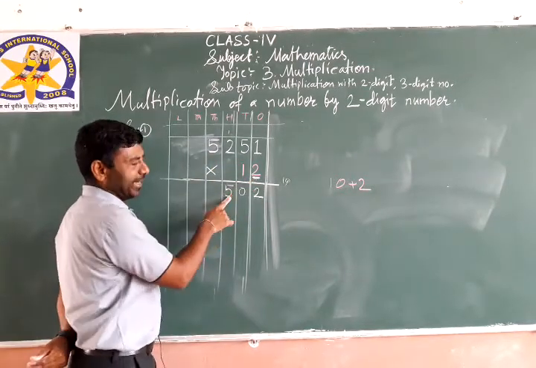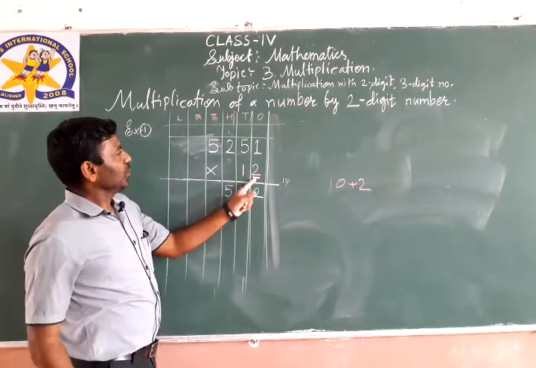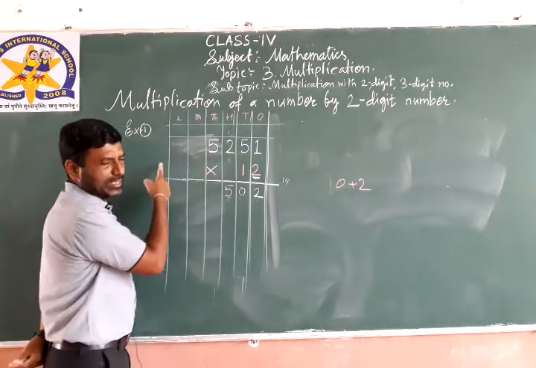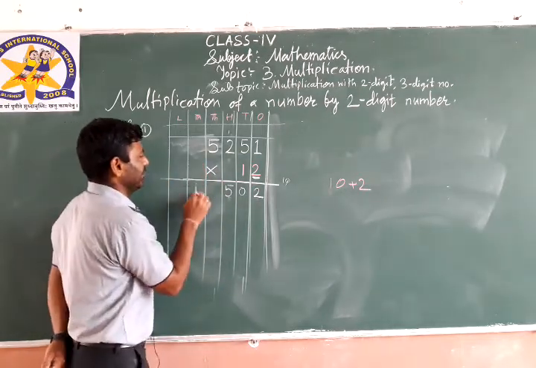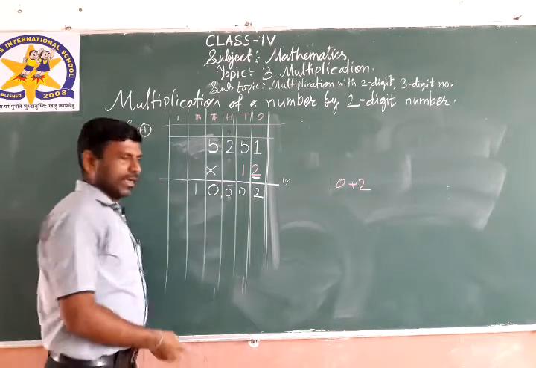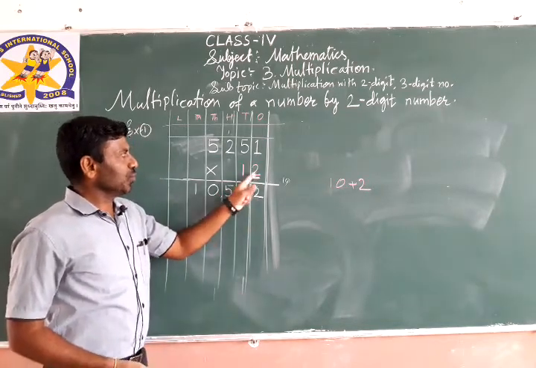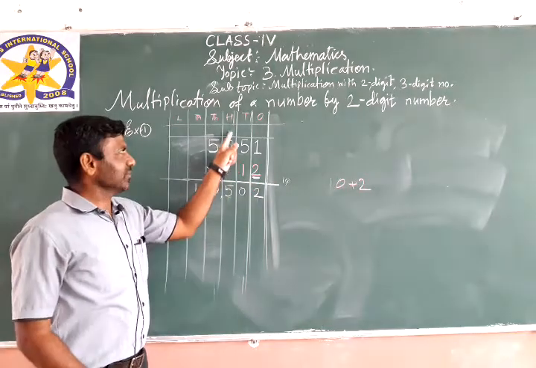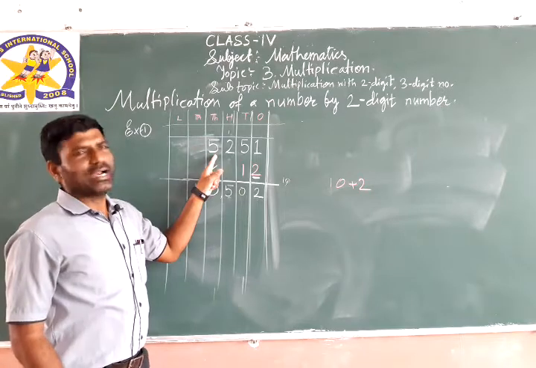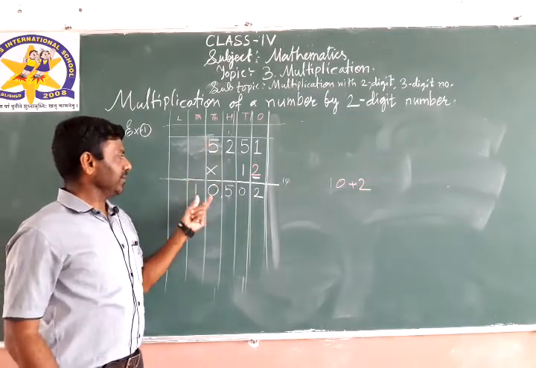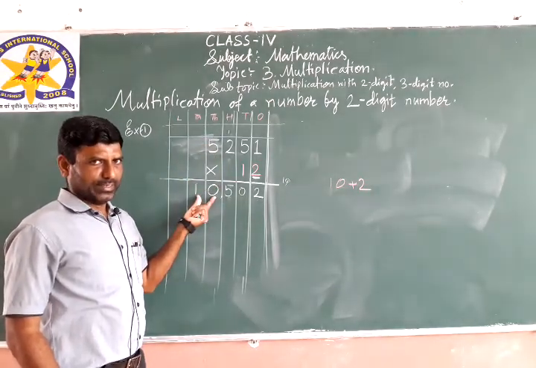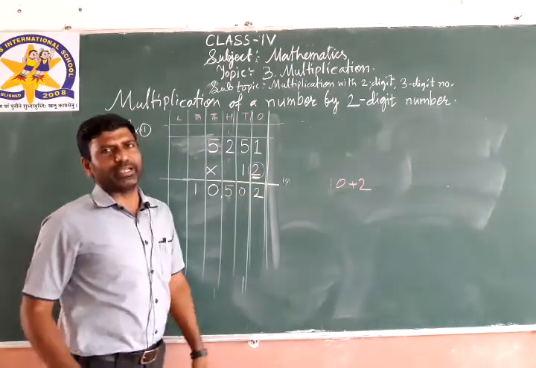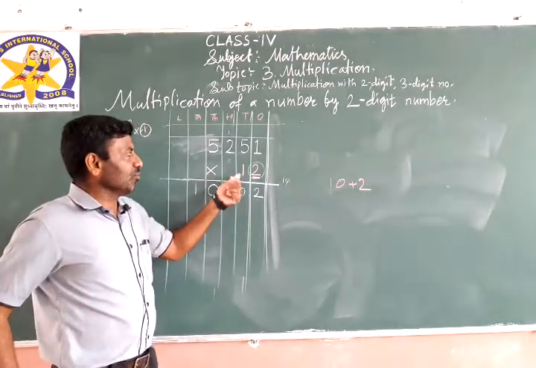Again any carry, no, then 2 fives are 10. Here any numbers are there, no, so write directly 10. Again check, 2 ones are 2, 2 fives are 10, 0, carry 1, 2 twos are 4 plus 1, 5, and 2 fives are 10, no carry, so 10 10 here. Understand?